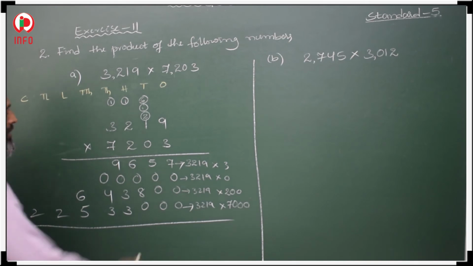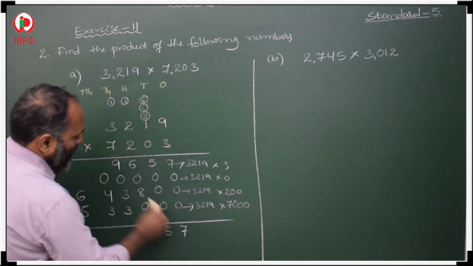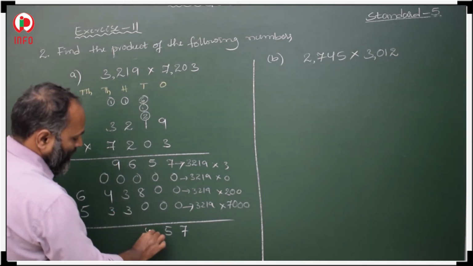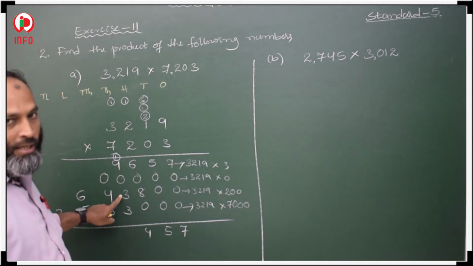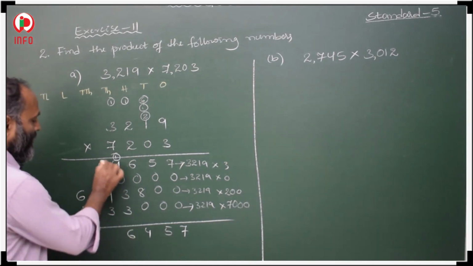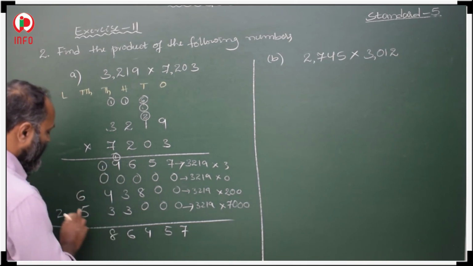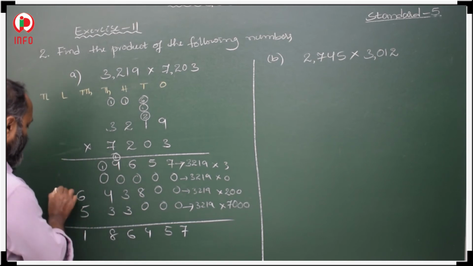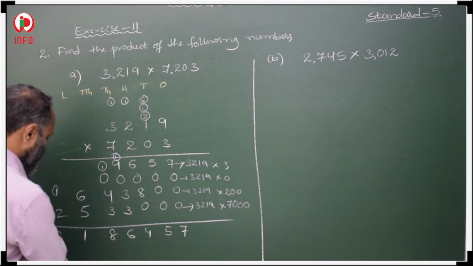Now we have to add. 7, here 5, 6 plus 8, 14 and 1, 9 plus 1, 10, 10 plus 3, 13, 13 plus 3, 16, 1 here, 4 plus 3, 7, 7 plus 1, 8, 6 plus 5, 11, 3 plus 2 plus 1, 3 and 2.